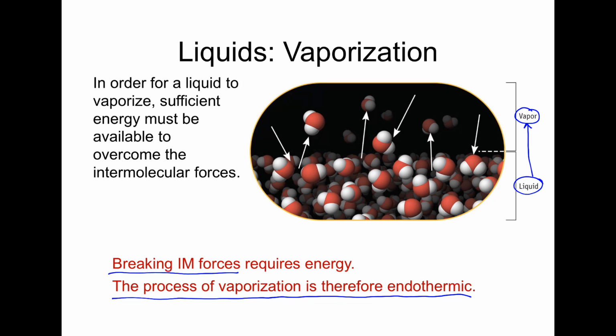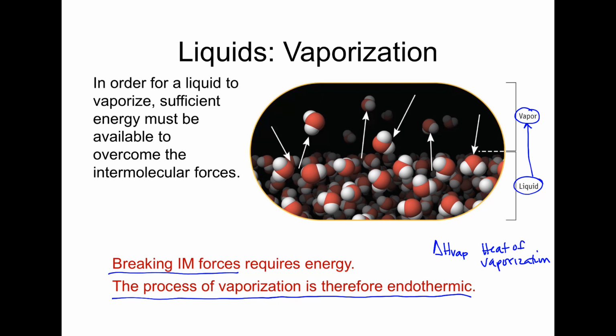The energy required to do that is called the heat of vaporization. Sometimes we write it like this, the delta H of vaporization, or we call it the heat of vaporization. And it just means how much energy it takes to break those intermolecular forces enough to put enough distance between the molecules that they become a gas.